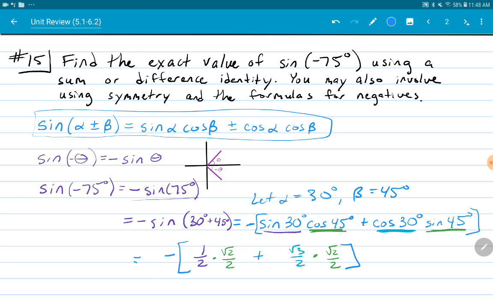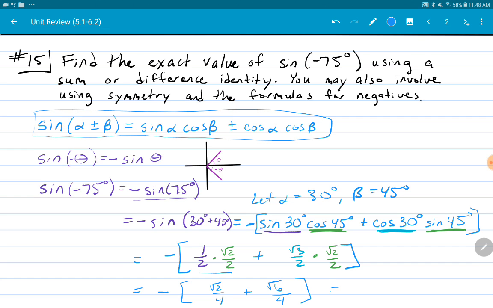So this equals a negative, and then for the first two fractions I have radical 2/4 plus, for the second two fractions, radical 3 times radical 2 gives me radical 6/4, and I can add those because I have a common denominator.